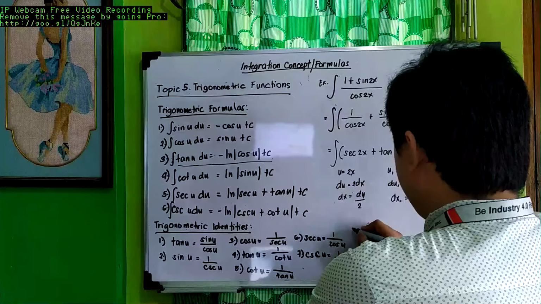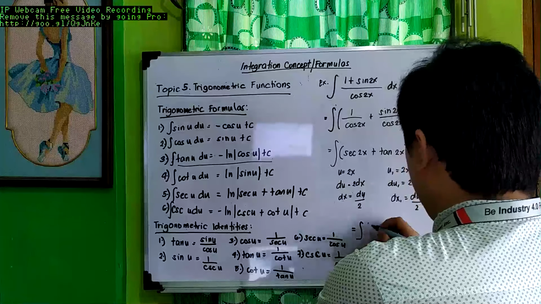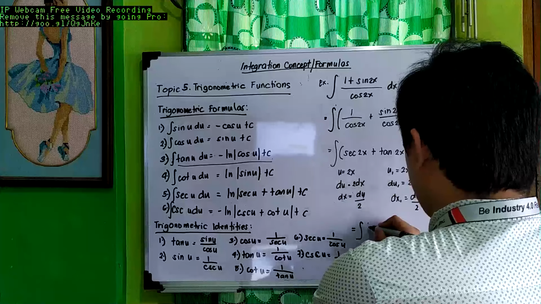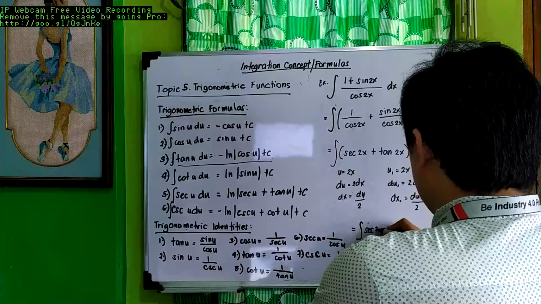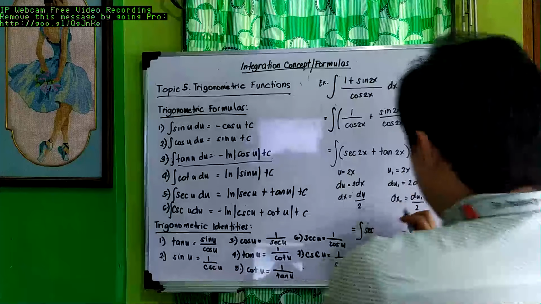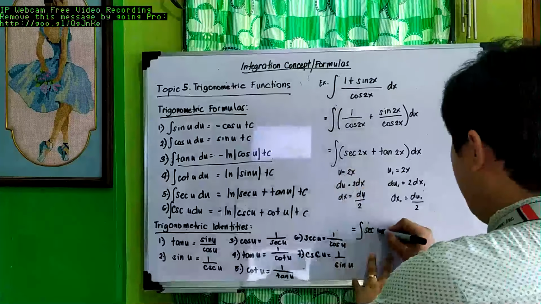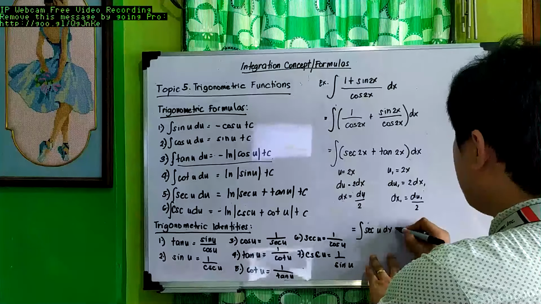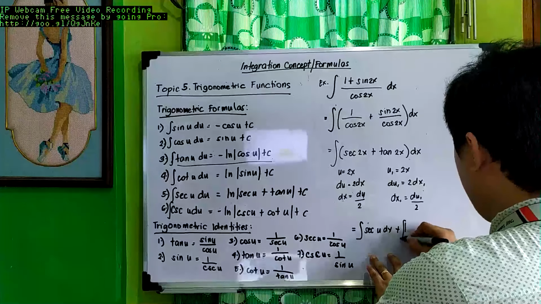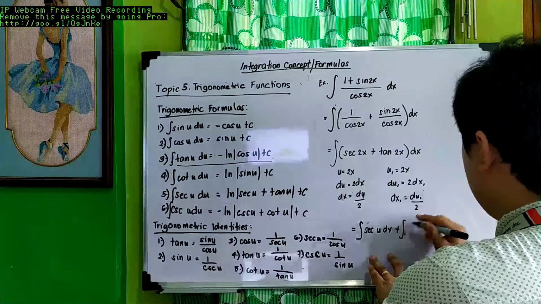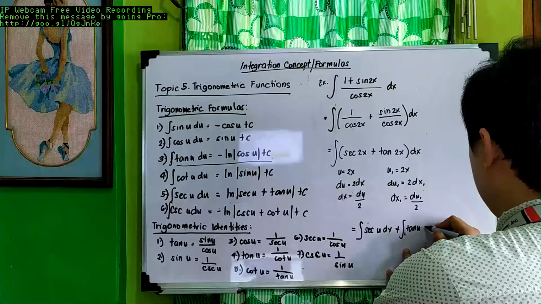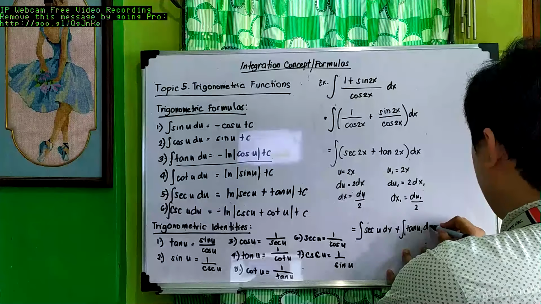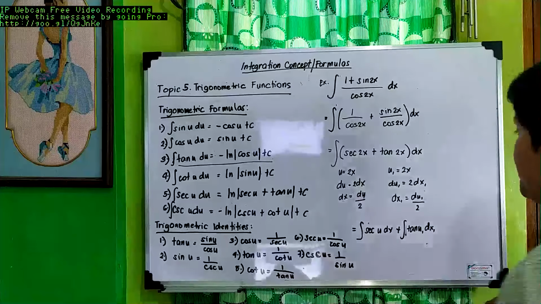So, we have integral. Okay, separate first. Your 2x here is u dx plus integral tangent u sub 1 dx sub 1.